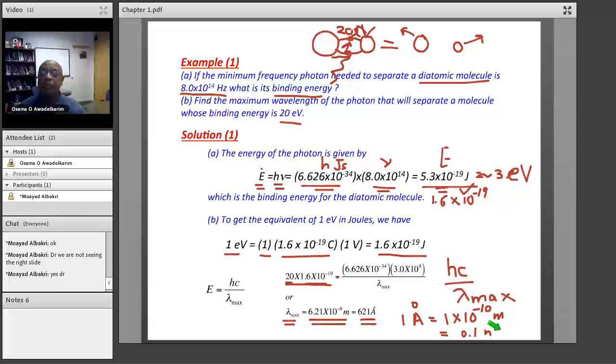So in terms of this small unit, angstrom, it is 621 angstrom. That is the maximum wavelength of electromagnetic radiation that is able to separate a molecule whose binding energy is this.